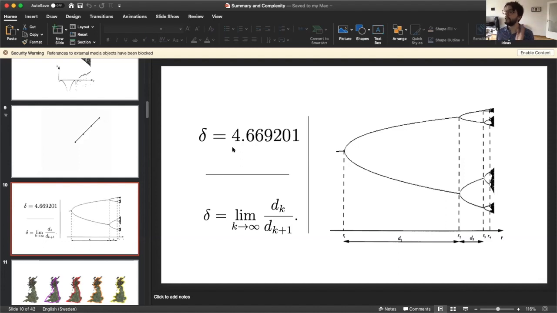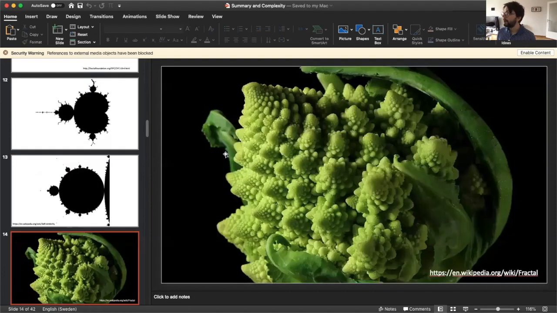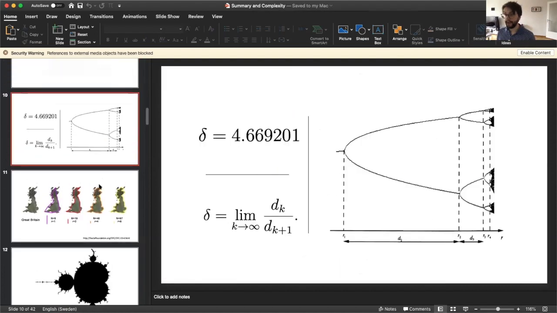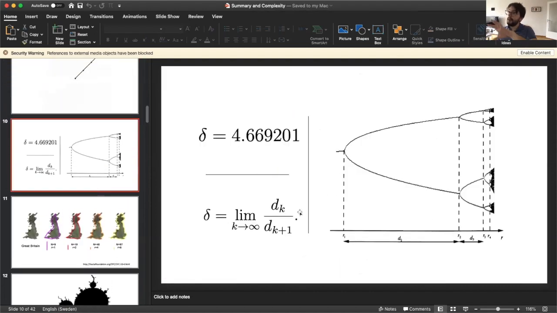I have also a friend that does computer-aided mathematical demonstration of chaotic properties, of chaos theoretical properties. Okay, so this is really interesting. And this property is universal and shows the self-similarity, because if you zoom in into one of these bifurcations, you will see exactly the same behavior.